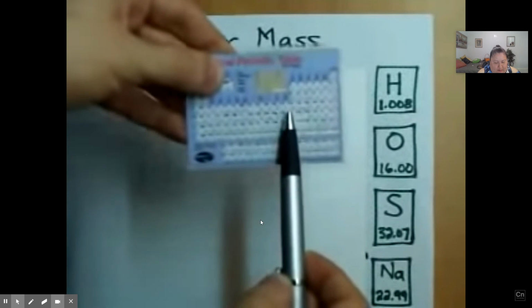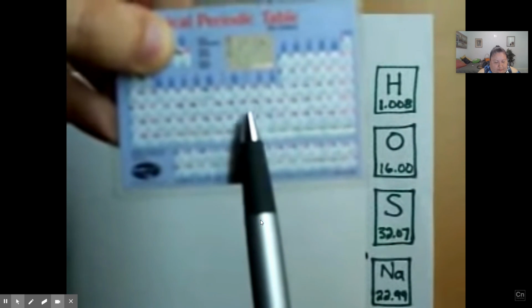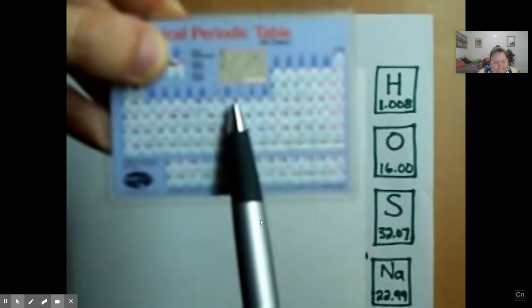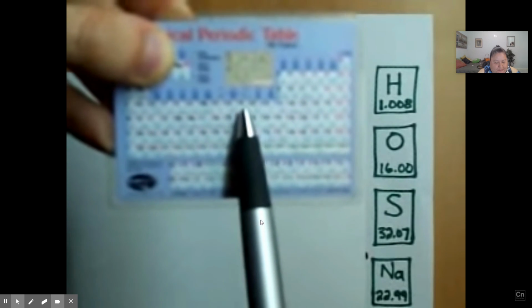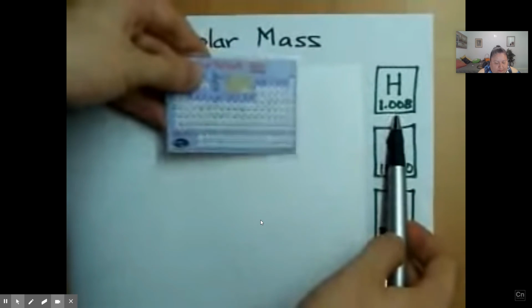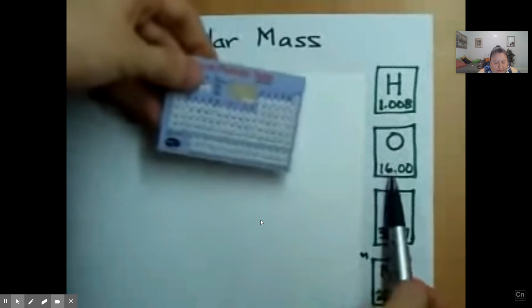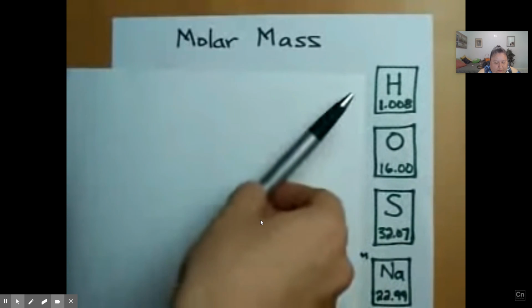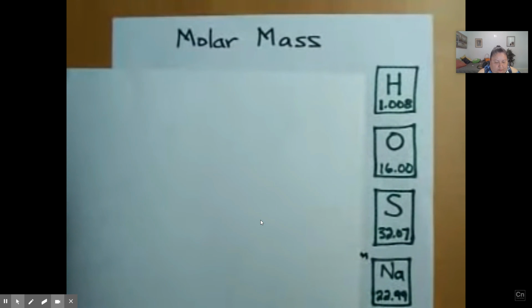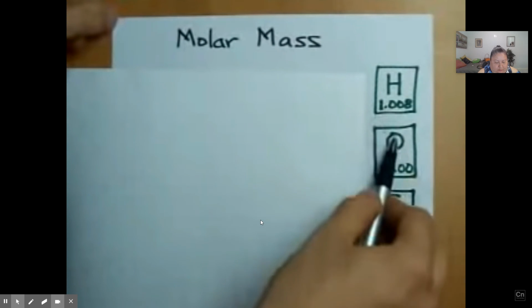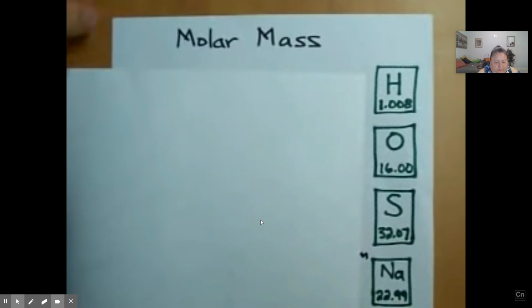You'll notice on each square of this periodic table, there's the element symbol, the atomic number, and then there's another number, numbers that increase across the whole way. H, hydrogen, has 1.008. O is 16. These are called the atomic masses of each of the elements. And they will be what we are using to calculate the molar mass of things.